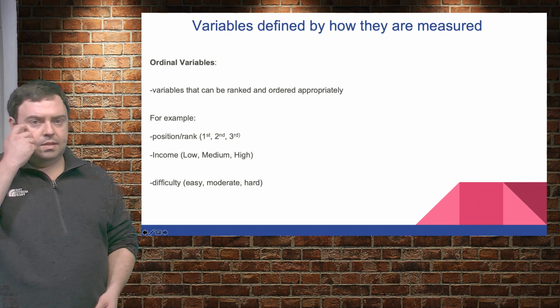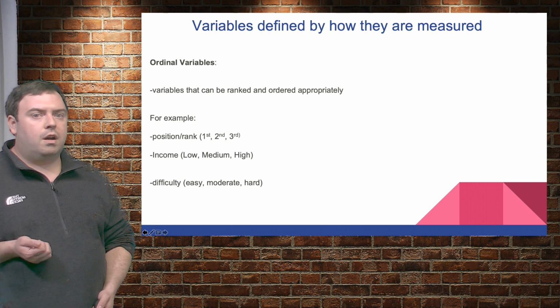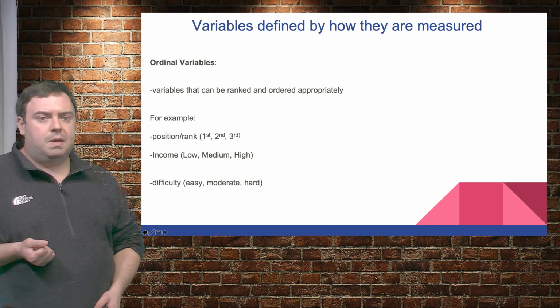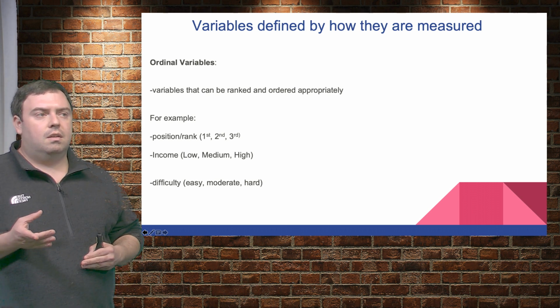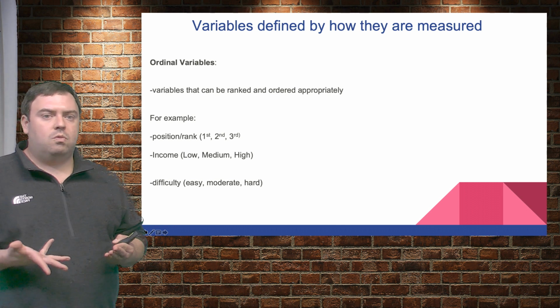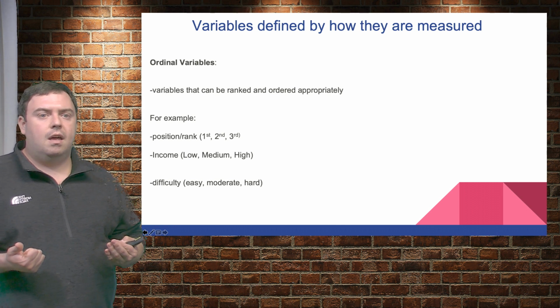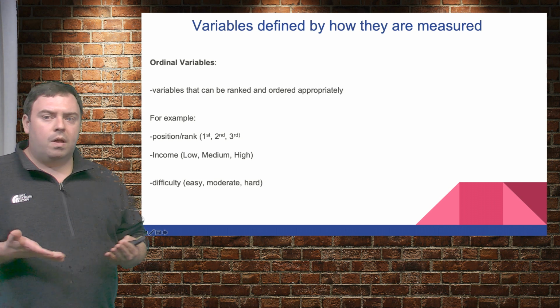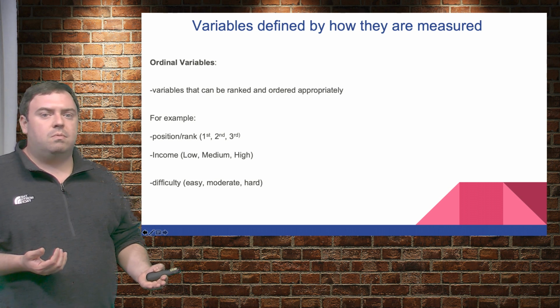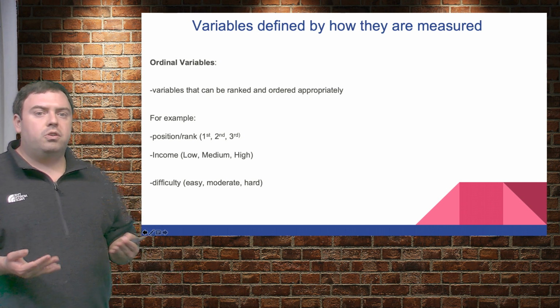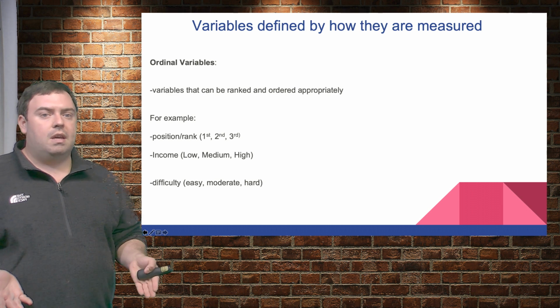Now notice in these examples that an ordinal variable does not necessarily have to be an exact formula or exact way to classify one thing versus another. It just has to be a way to put something in order from least to greatest.